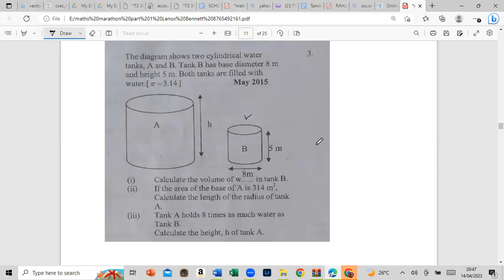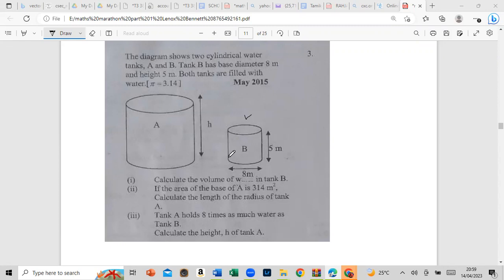So the volume of B. To find volume, it is the area of the base times the height.